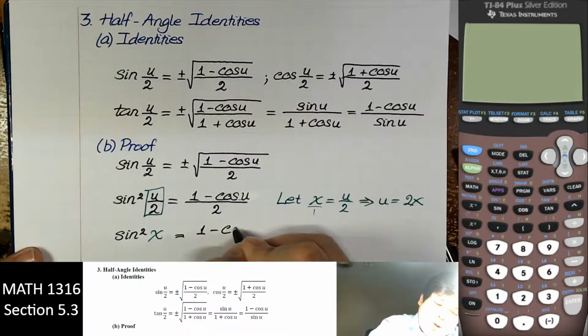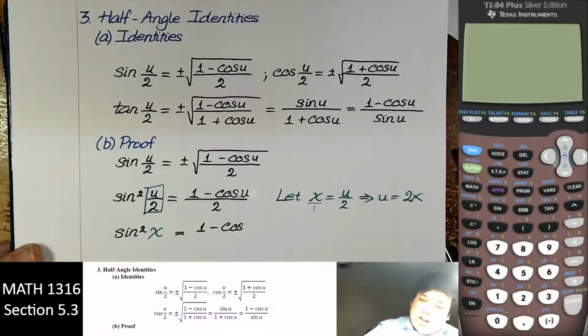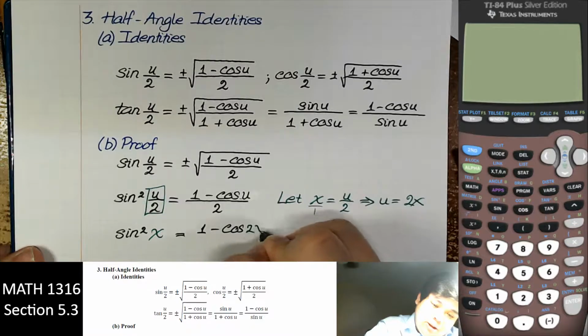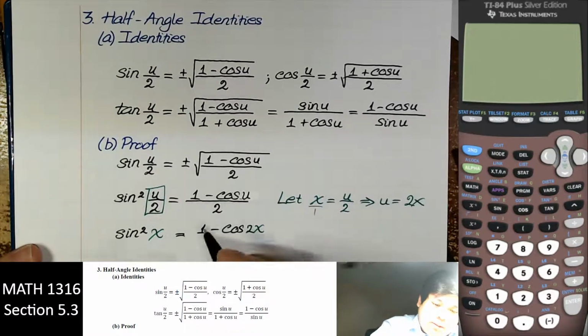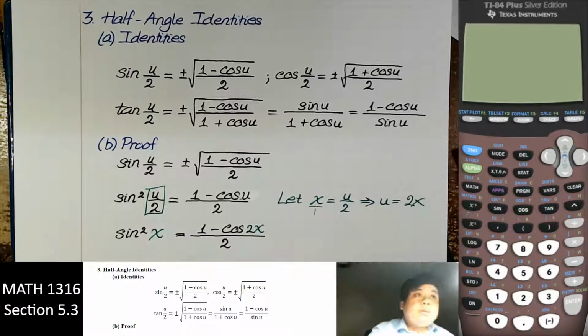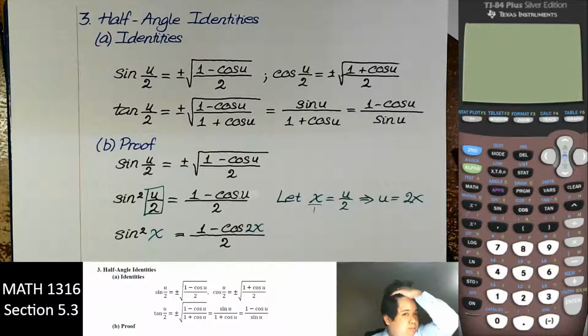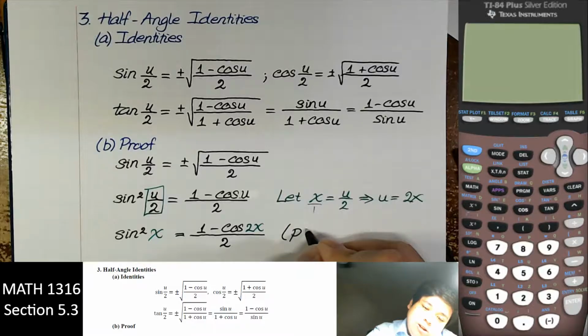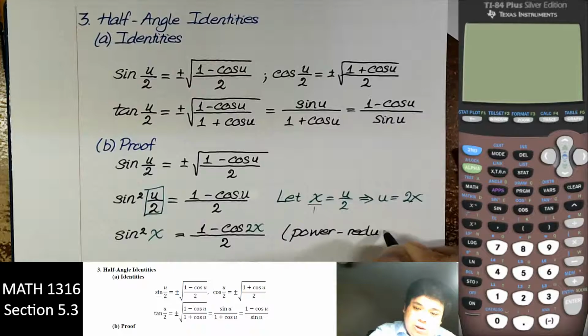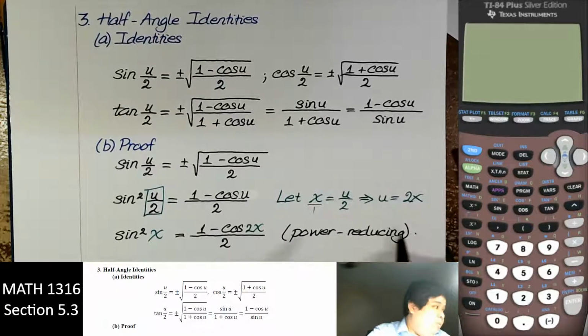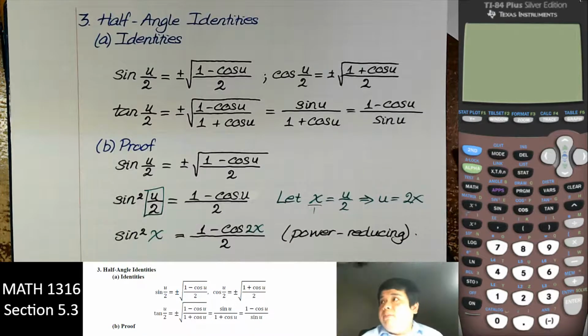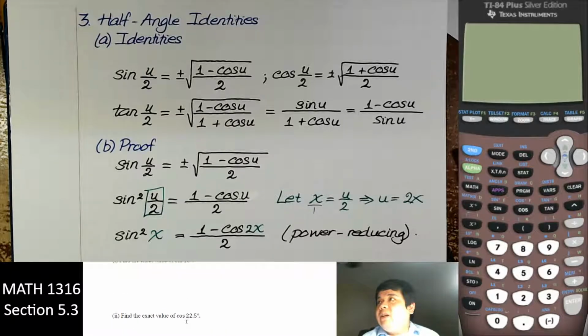And 1 minus cosine u is 1 minus cosine 2x. And that is the power reducing. So that's the proof. Now let's see how we use them.